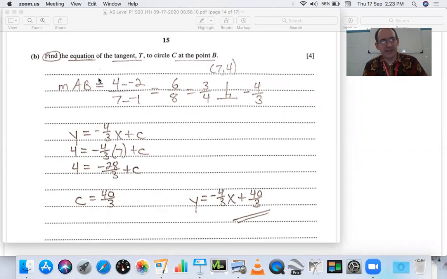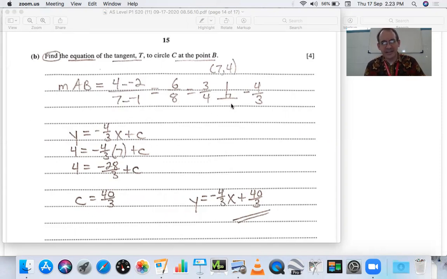So we need to find the slope of the diameter, slope from A to B. So I plugged in those values from our point A and B. So B was 7, 4, and point A was -1, -2. Plug those in, change in Y over change in X. Y2 minus Y1 over X2 minus X1. We get 6/8 or 3/4.